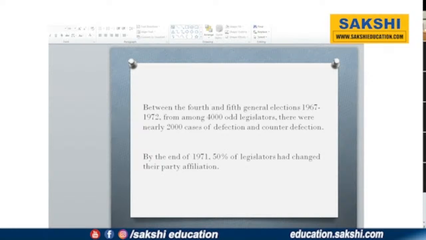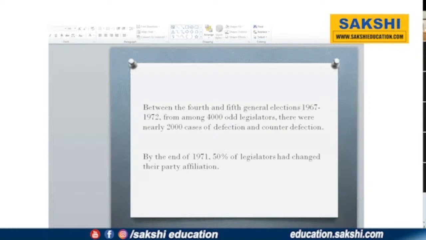But this government could not last for a long period of time because of the dissatisfaction among the people who had contested and won the election but could not get important portfolios, and this continued until the 1970s.